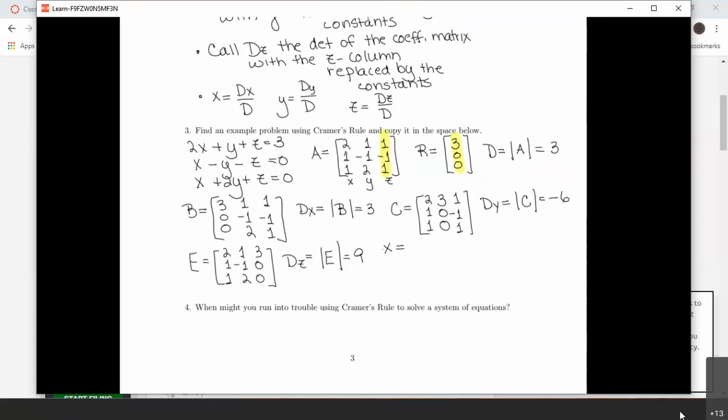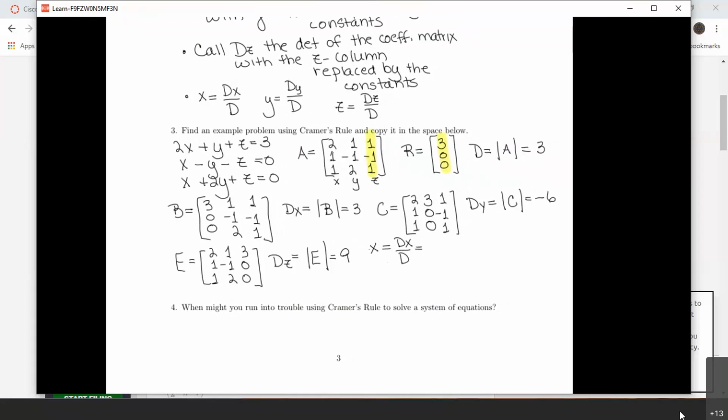X is dx over d. Well, according to my work over here, dx is 3, and d is also 3, which means x is 1. Okay, y is dy over d.